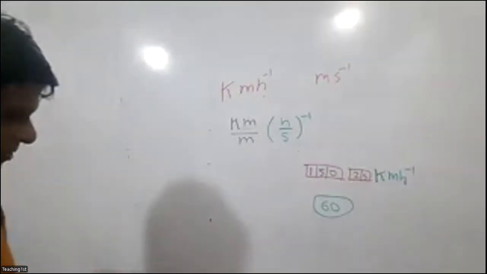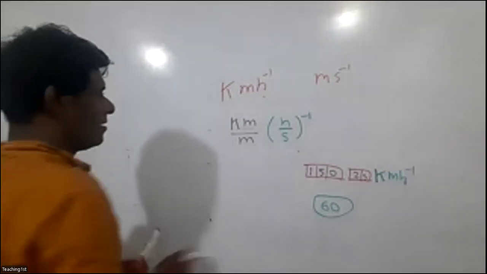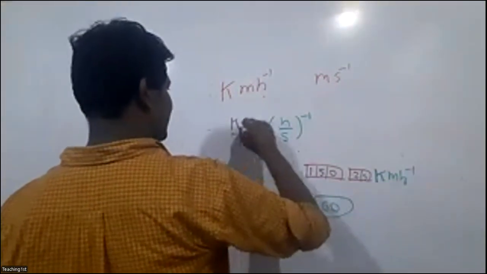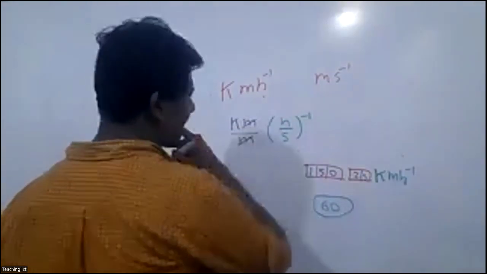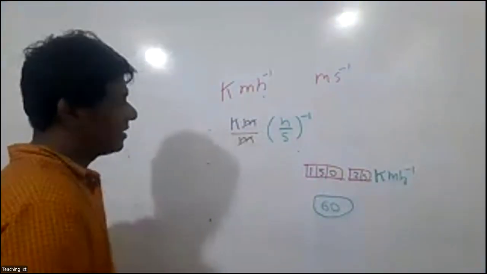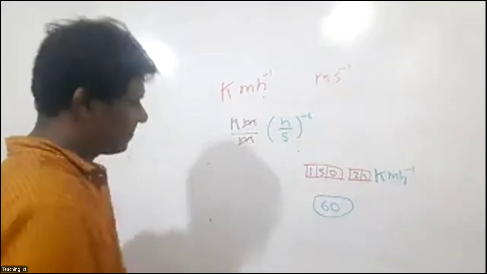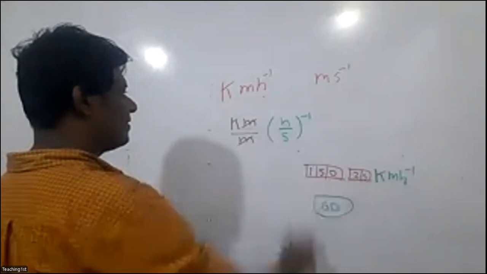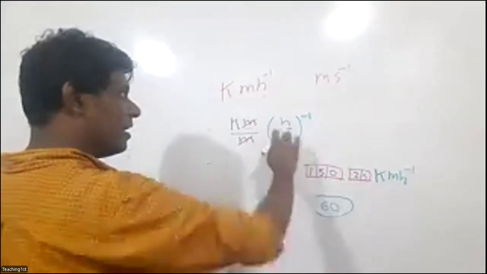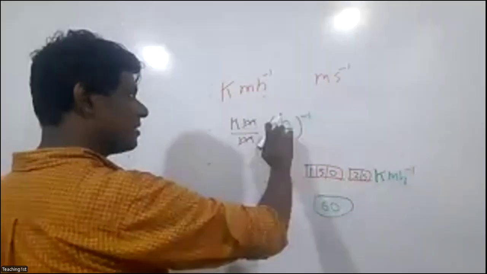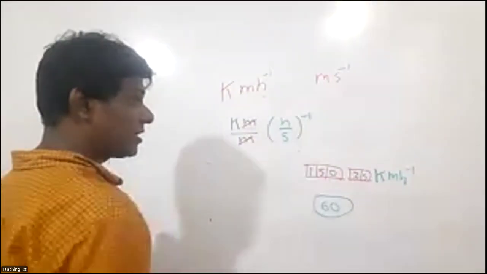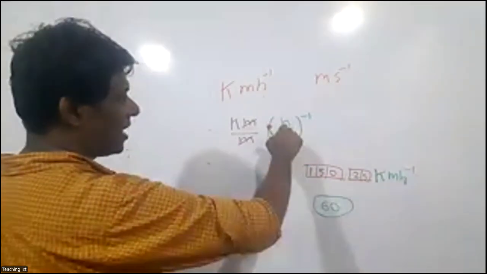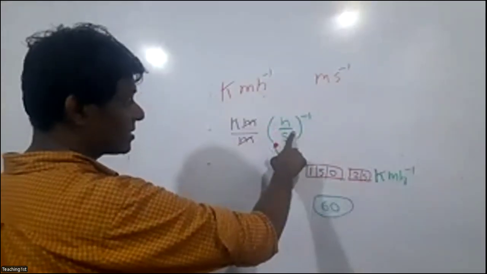Now let's substitute one by one. Firstly, let's solve this thing. Okay, cancelled off. Now here, there is one thing we have to change. Hour is not seconds.